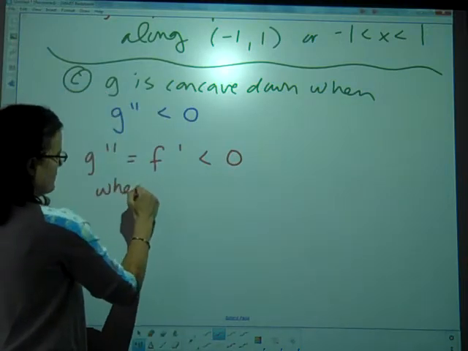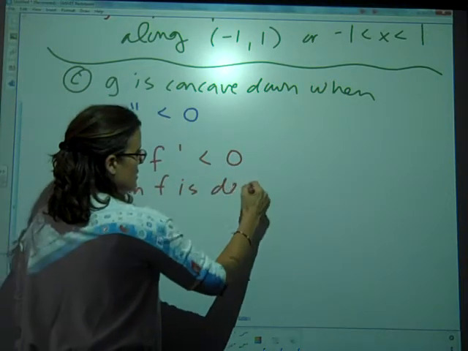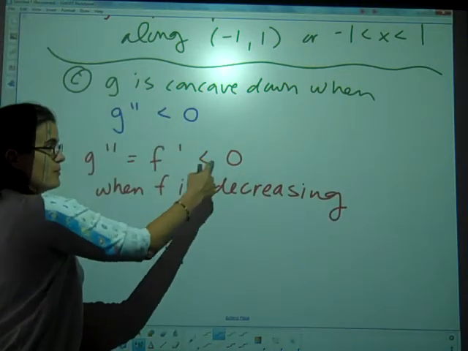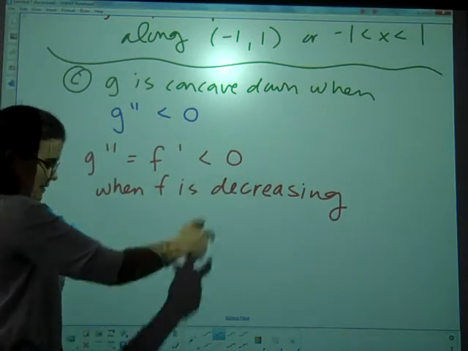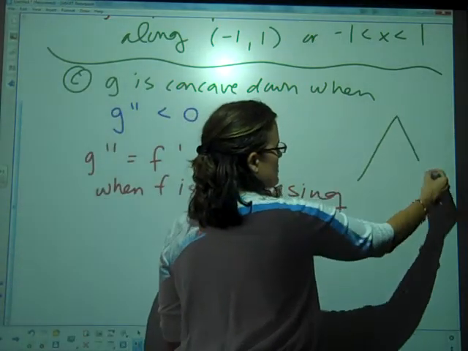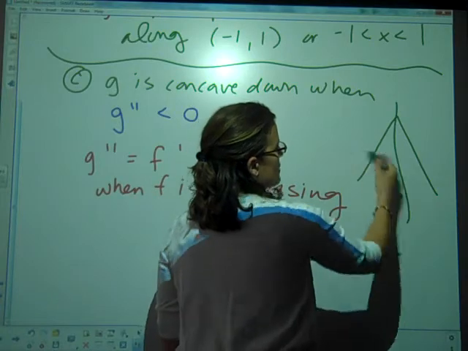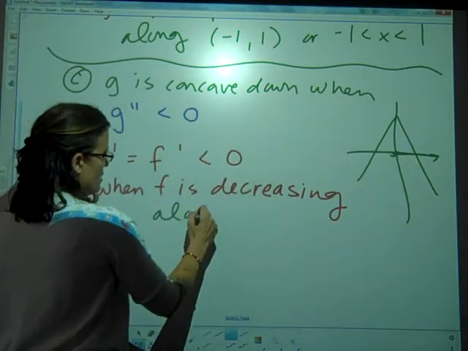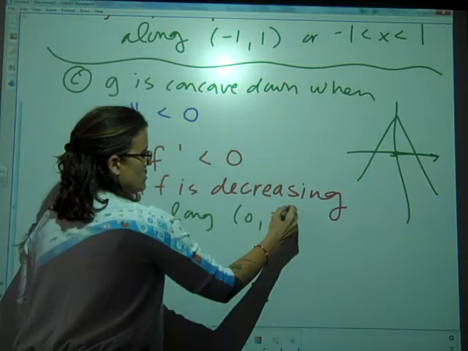So when F is decreasing, that's when F prime would be less than 0, right? So if we look back at our picture, we imagine that we were increasing, increasing, and then decreasing, decreasing. So I believe that occurred from 0 to 2? And so that would be from 0 to 2.